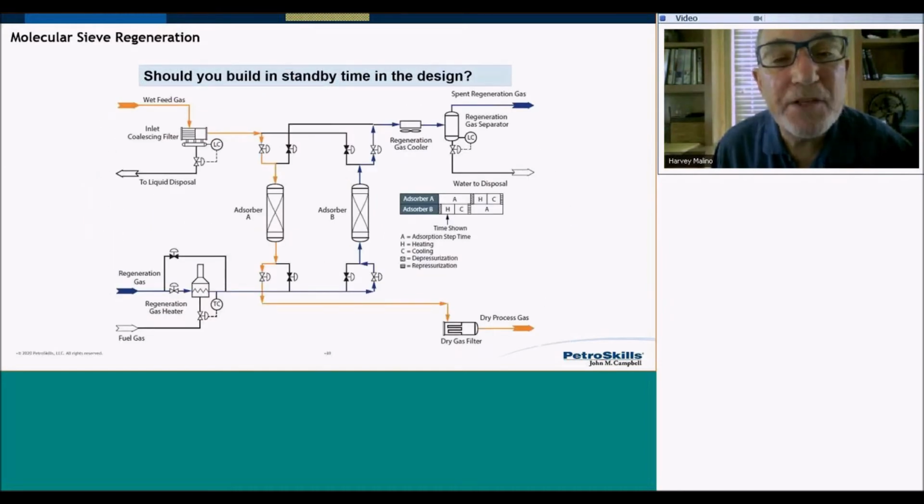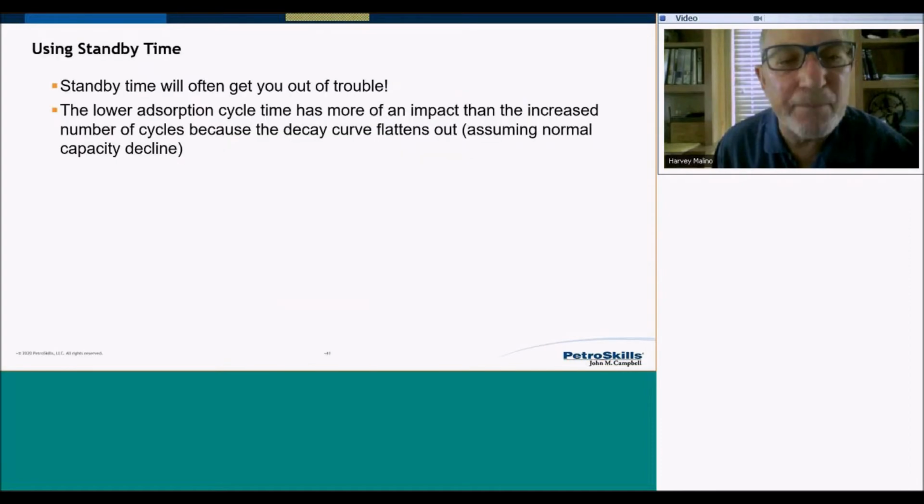Should you build in standby time in the design? Again, we talked a little earlier that this regeneration cycle does not show standby time, but I am a very strong proponent of building in standby time. It will get you out of trouble more times than you care to think about. Because you have standby time, you can reduce the absorption cycle time.